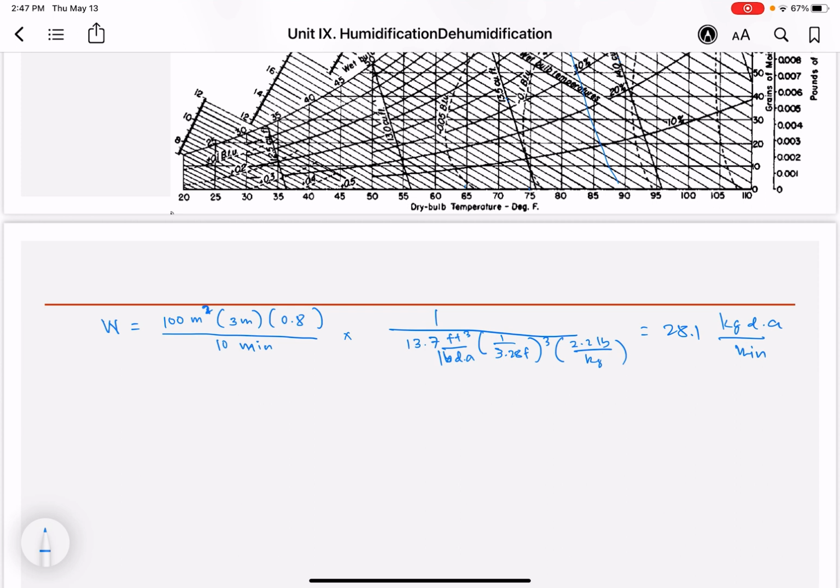Okay. The liquid out, your L, would then be equivalent to your W times the humidity, which is your H1 minus H sub 2.